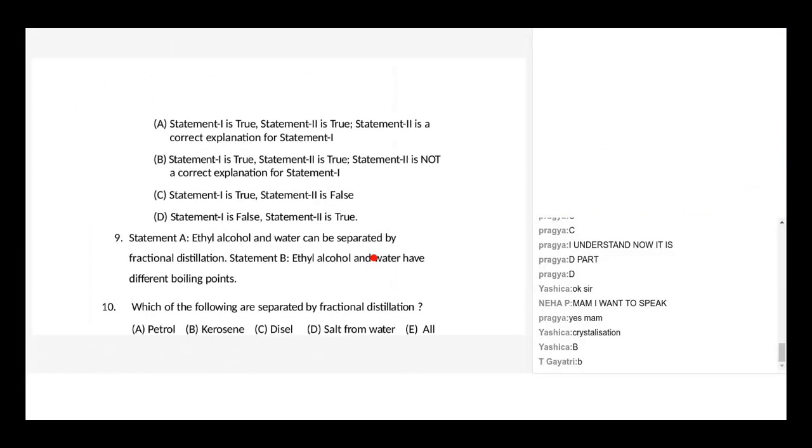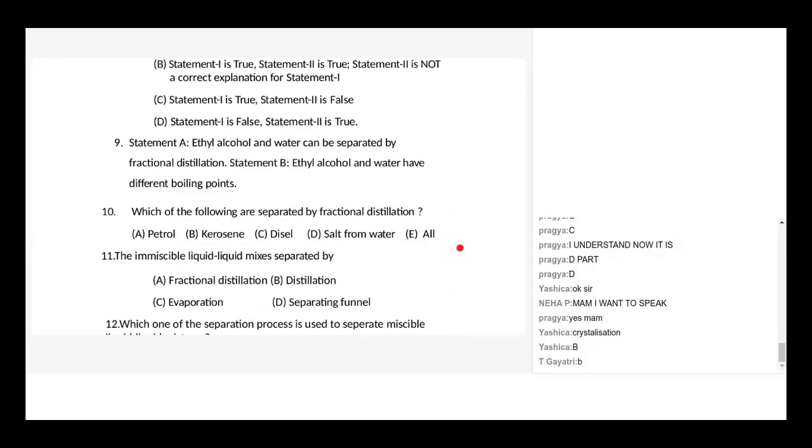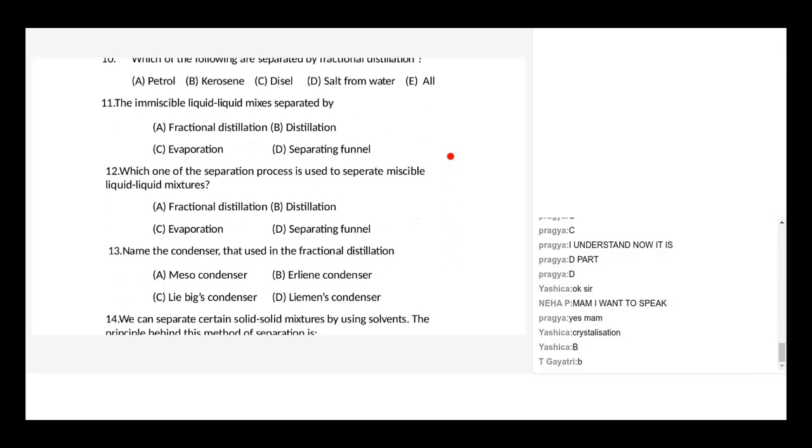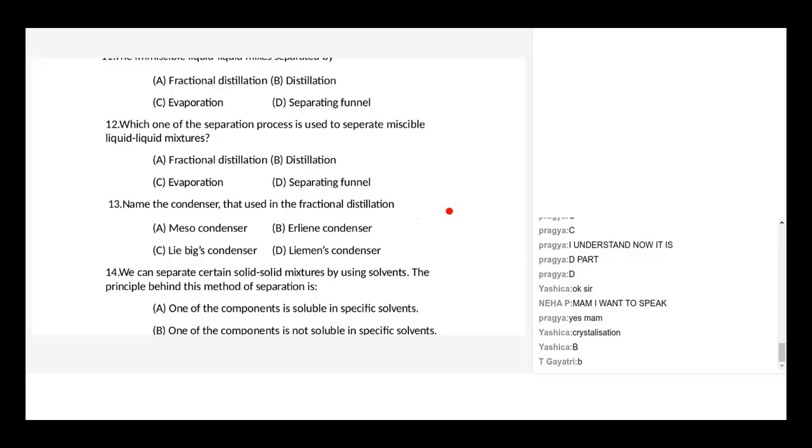Yeah, the option is Liebig's condenser. The condenser used in the fractional distillation column is Liebig's condenser. There are different kinds of condensers, but normally when we use a fractional distillation column, we go with Liebig's condensers.